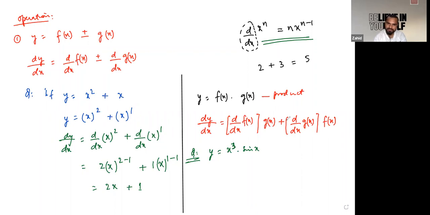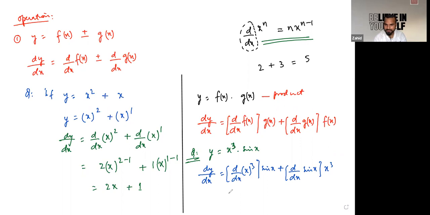So according to the above rule, it can be written like d over dx: differentiate the first part, that is x raised to 3, multiply it by the second, that is sine x, plus differentiate the second part, that is sine x, multiply it by the first, that is x cubed. I've just put all the values according to this formula.